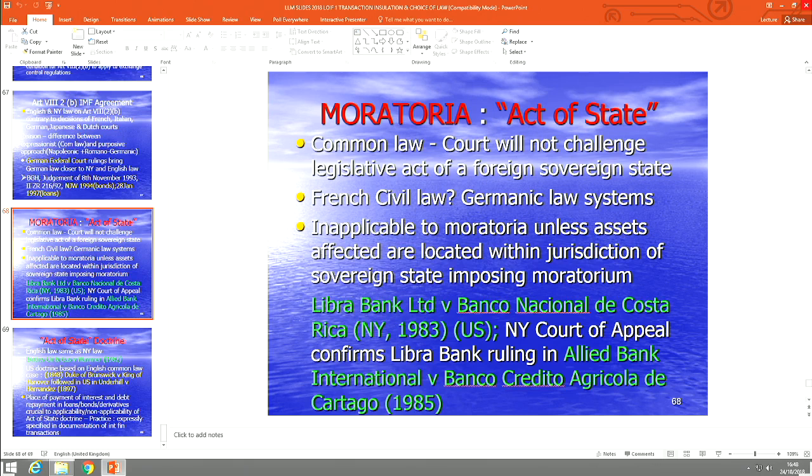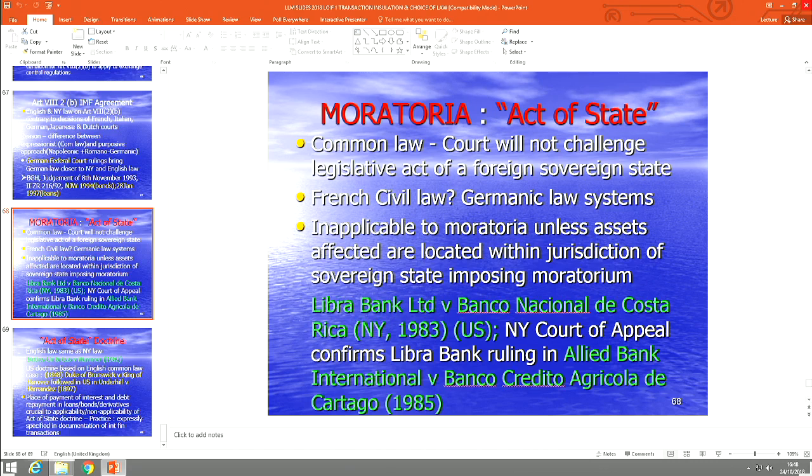They said the right to payment of the syndicate banks, which had made syndicated loans to corporations and banks in Costa Rica, was payable in New York. The right to receive interest or principal was in New York. Therefore, said the court, the asset is located in New York, not in Costa Rica.